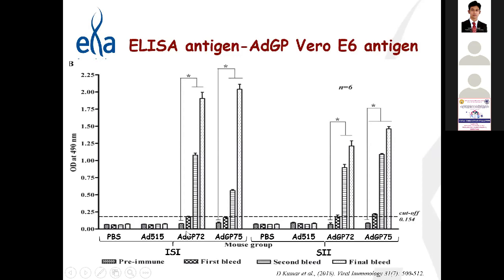This happened with both types of immunization regimen that we followed, intranasal, subcut, intranasal and subcut, intranasal, intranasal. In both types, you can see that there is an increase in the response in these two groups. But when we looked at the control groups, PBS or the AD5 infected groups, we don't see any response going up.